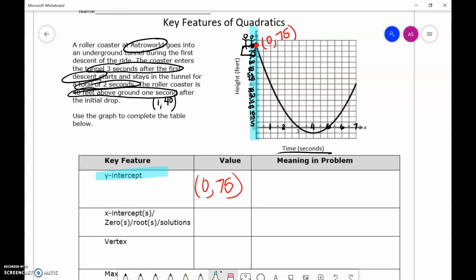Then next, we want our x-intercepts. Keep in mind, those are also our roots, zeros, and solutions, so you can interchange those words. And I have 2 of them. My first one is 3, and my second one is 5. So we're just identifying, okay?